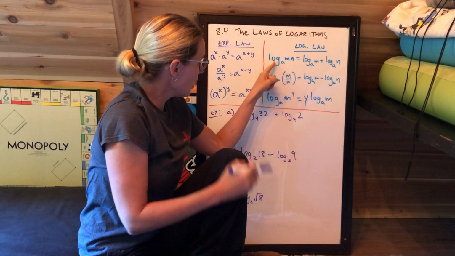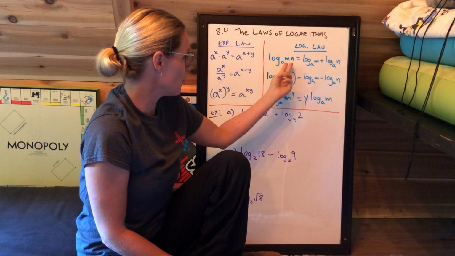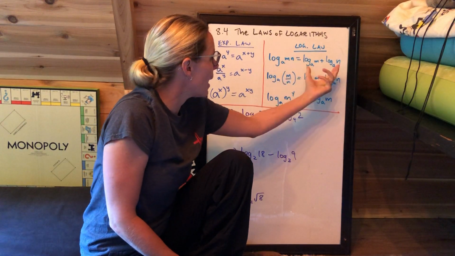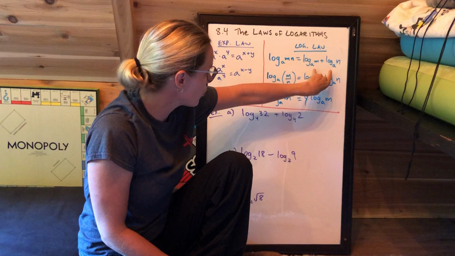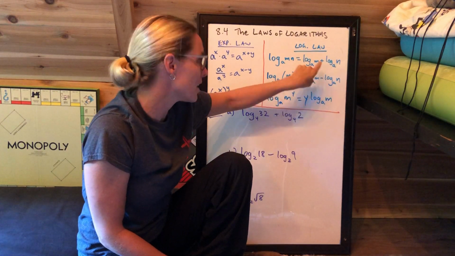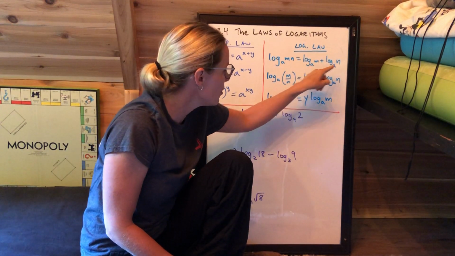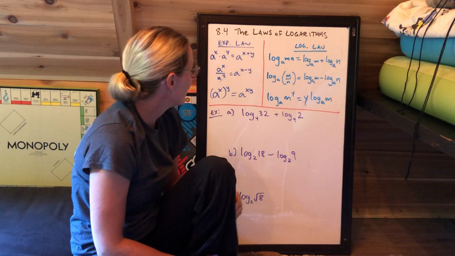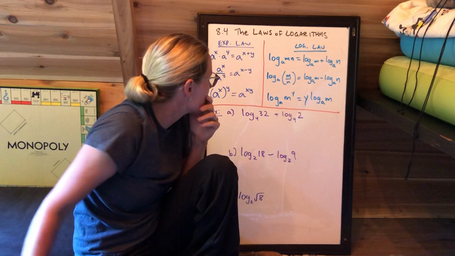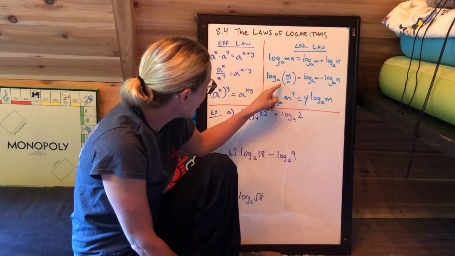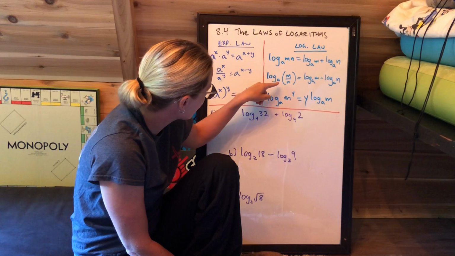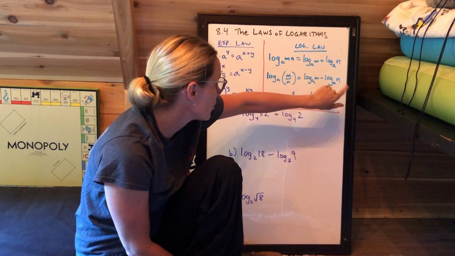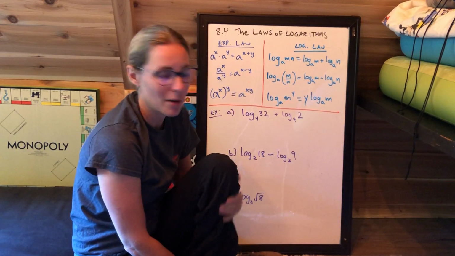When you have logarithm base a of 2 values being multiplied, m times n, you can break that back down into 2 logarithms, both with base a, and the addition of them, one in terms of m, one in terms of n. So it's going in the opposite direction, and because it's an inverse, they're interchanged. Same, there's a division log law. If you have a logarithm base a with a division in it, you can split it up into 2 base a logarithms and the subtraction of m and n.